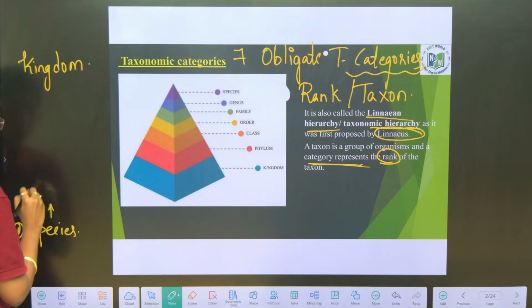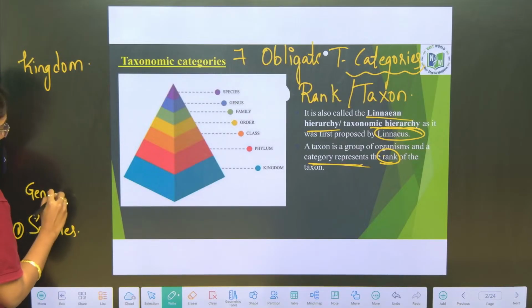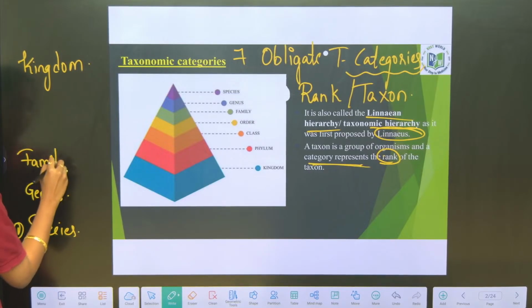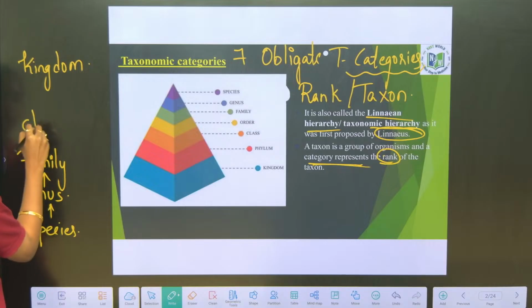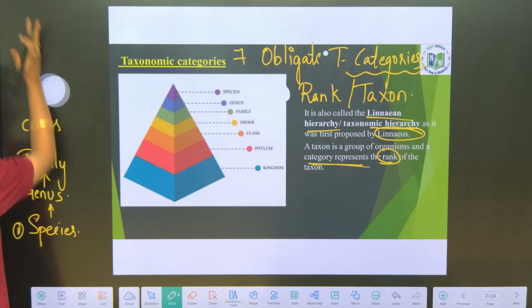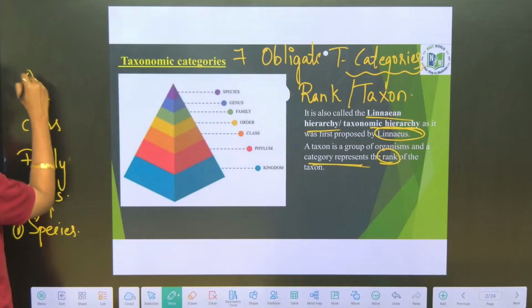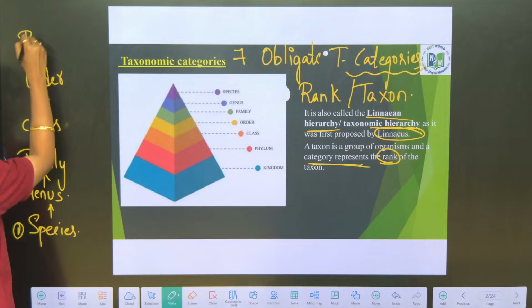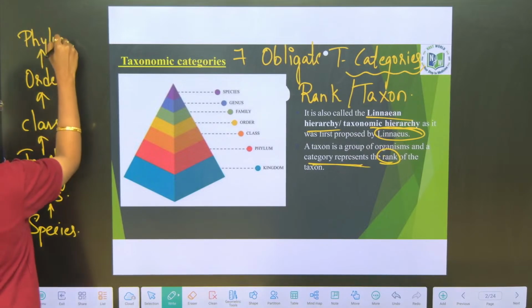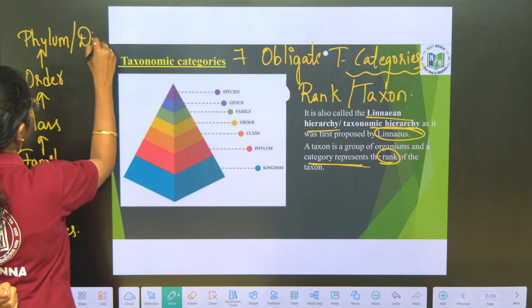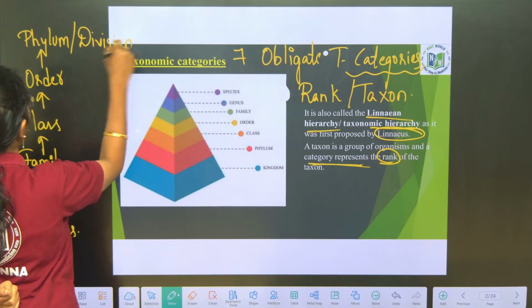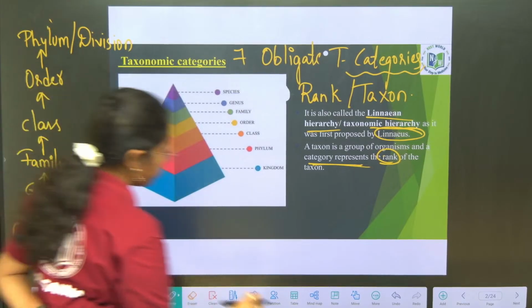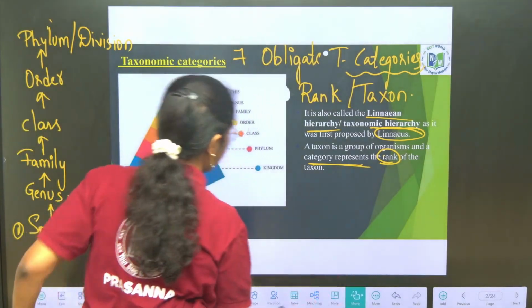After species it is genus, family, class, order, phylum or division, and then kingdom.